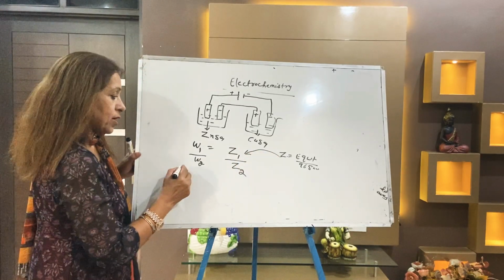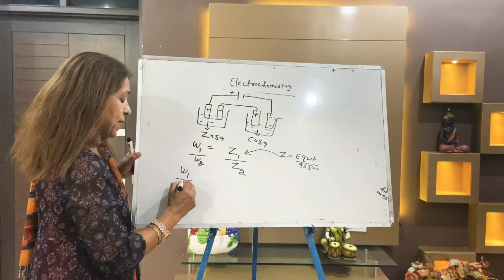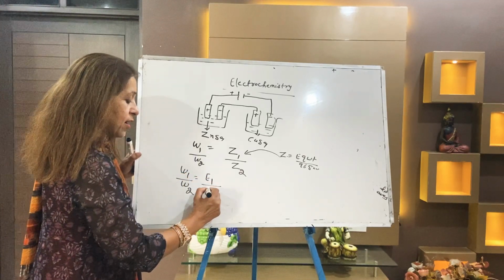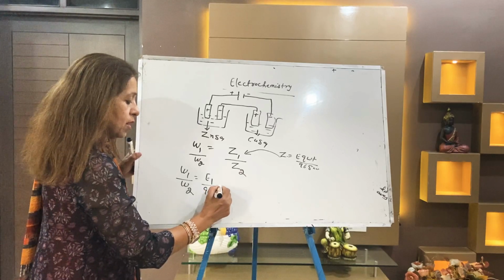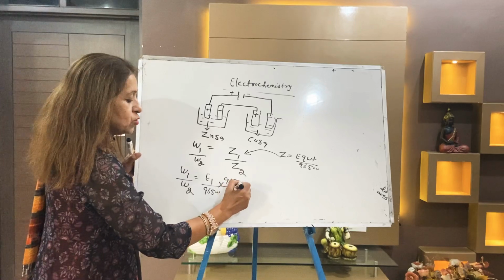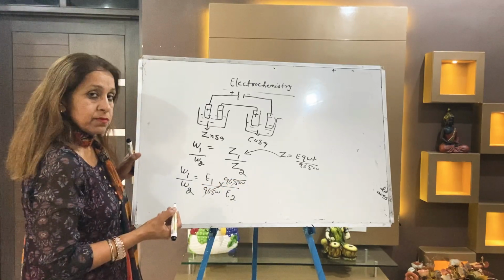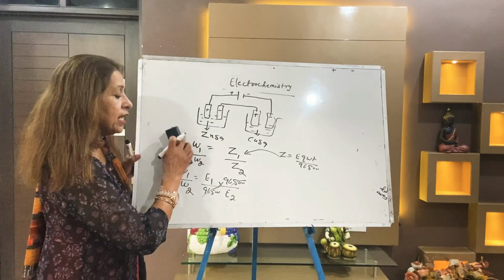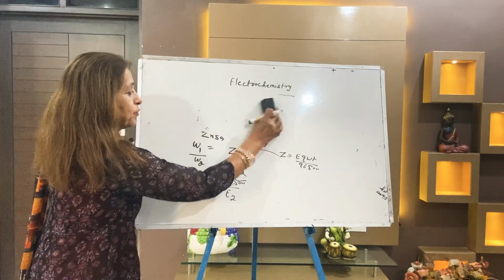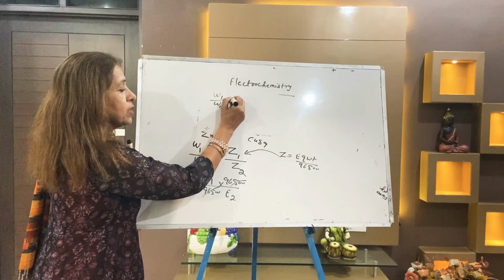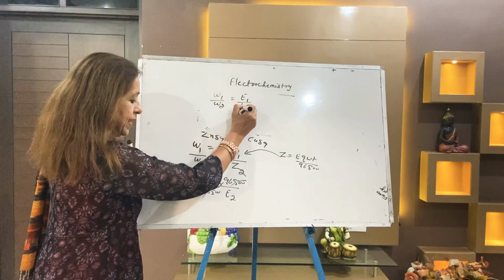It becomes W1 by W2 is equal to E1 by 96500 over E2 by 96500, the 96500 cancels, and that comes W1 by W2 is equal to E1 by E2.